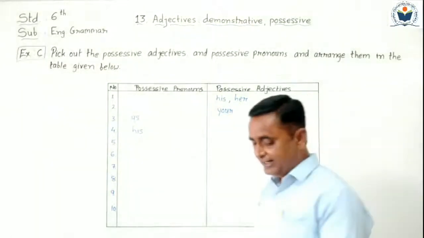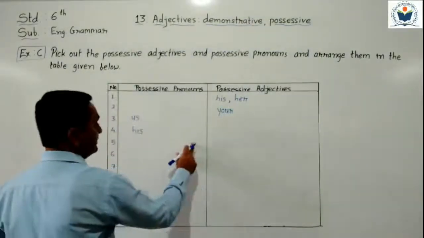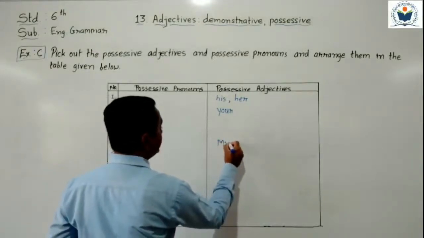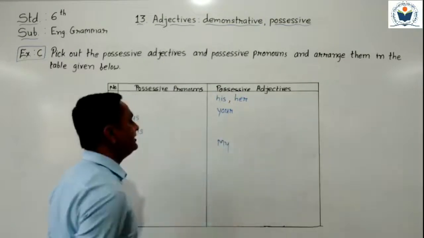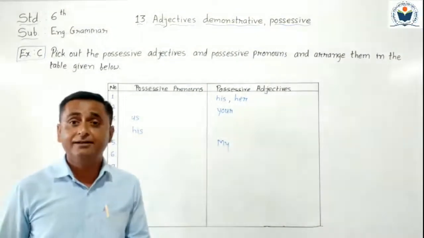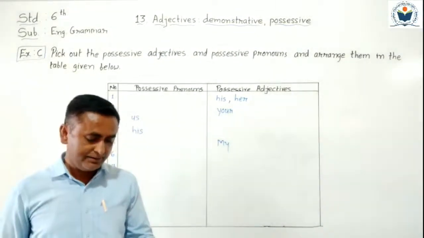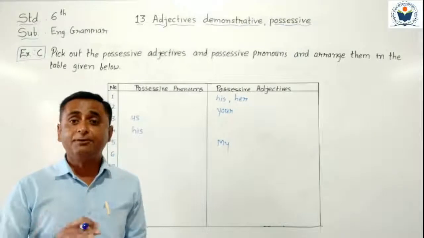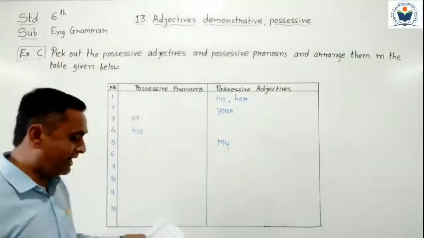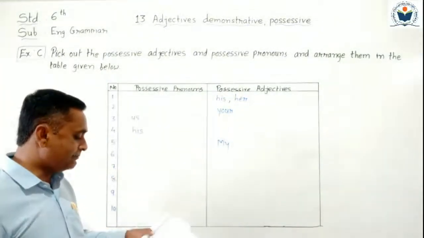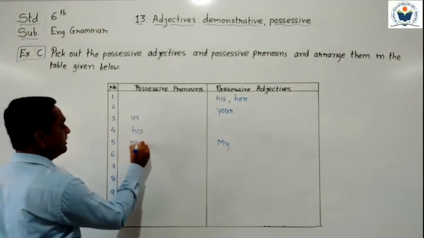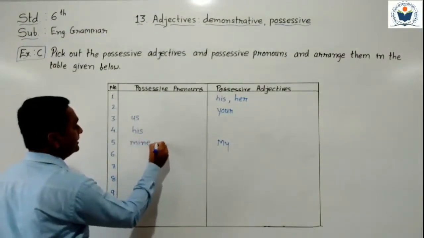So we can say that in sentence number 5, my is a possessive adjective. But the other thing given in that sentence is mine and mine. Here mine came two times. After mine and mine, no noun follows. So we can say that both mine words are possessive pronouns. So in the fifth sentence we also have to write mine, comma, second mine.